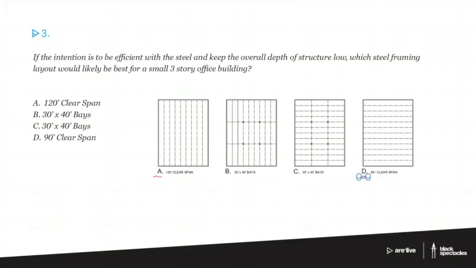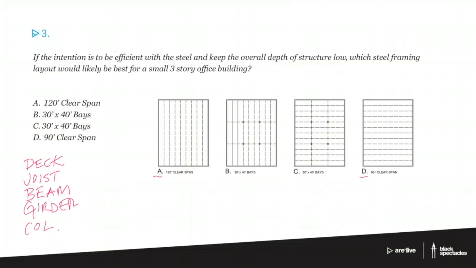So now the difference between these is in the direction of the steel. I'm going to do a quick little nomenclature thing here. With framing plans, it's always decking to joist to beam to girder to column.